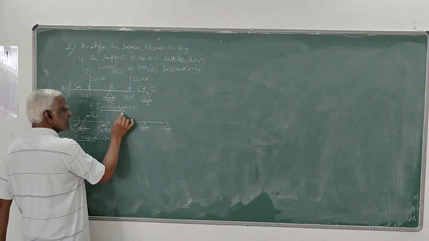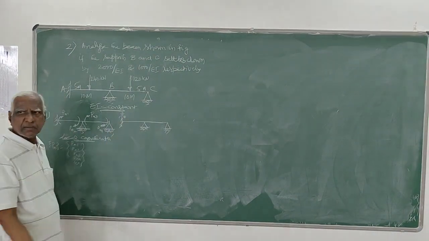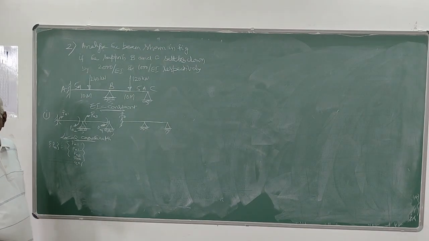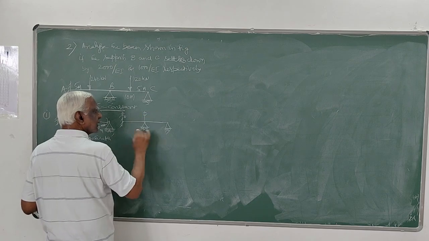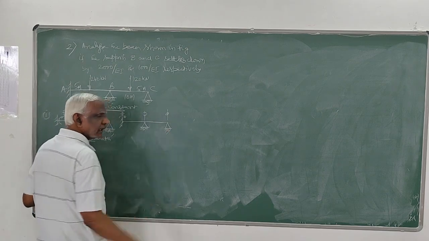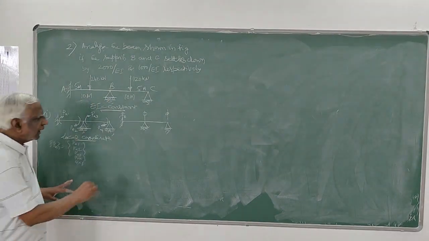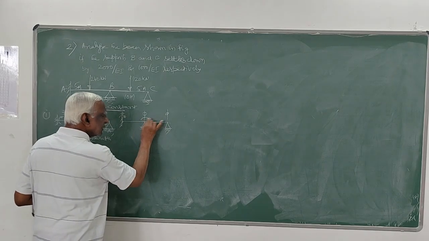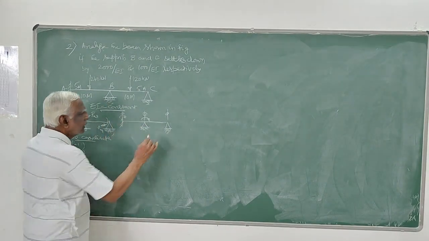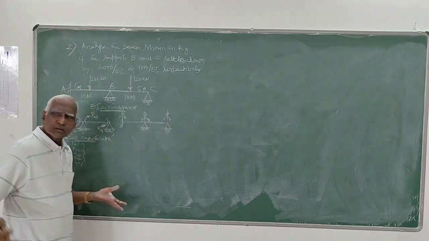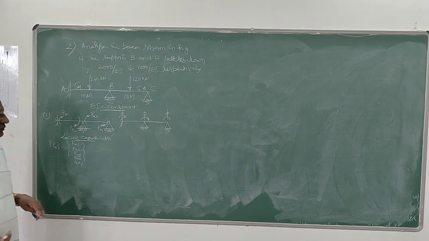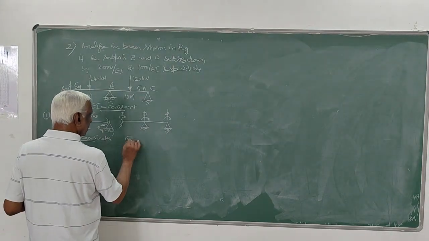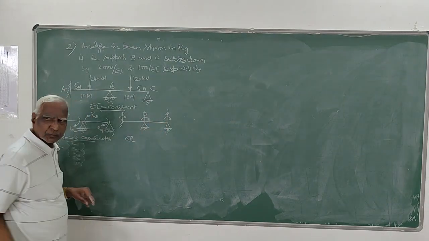Here, since it is fixed, both displacements are 0 as per boundary conditions. So here vertical is 0, here vertical is 0. And here rotation is possible. So kinematic indeterminacy is 2. That's what you have. So these are the global coordinates 1 and 2.